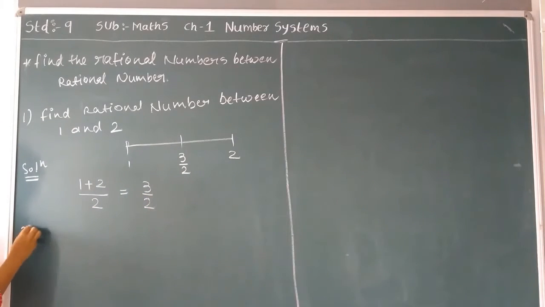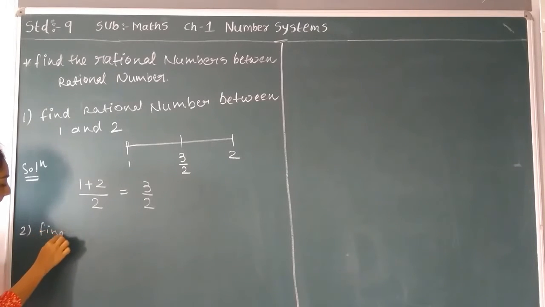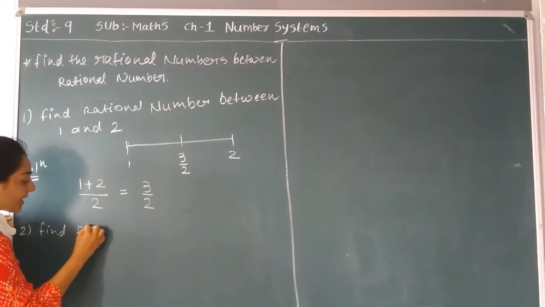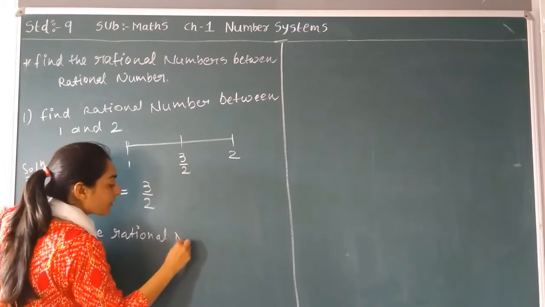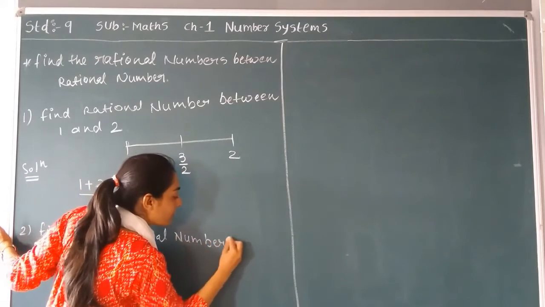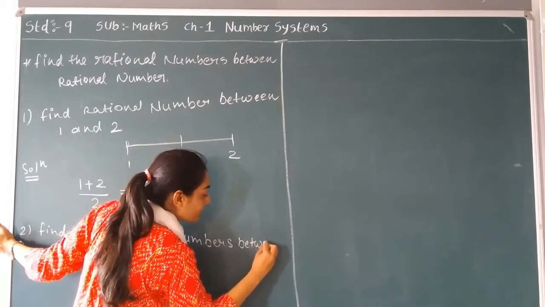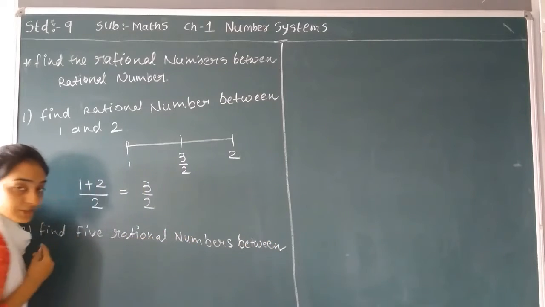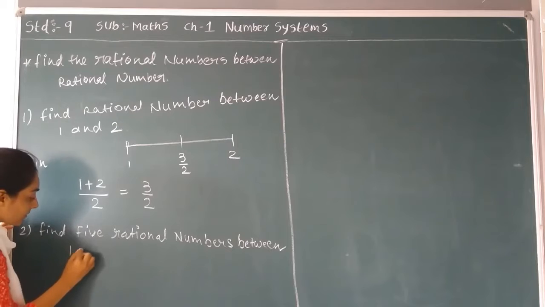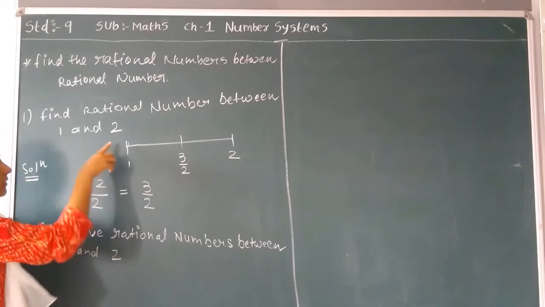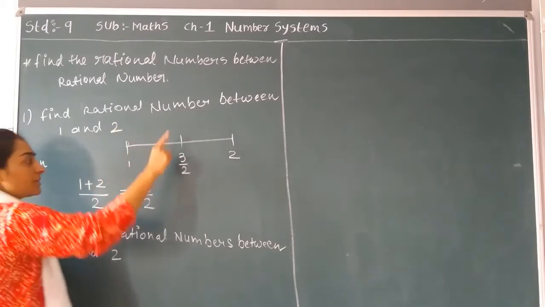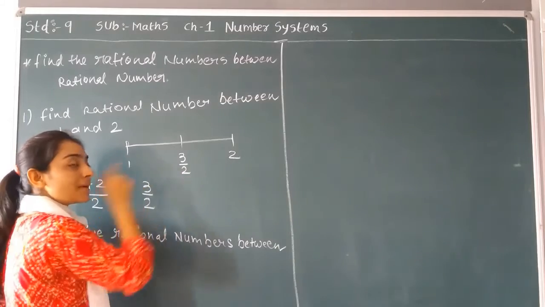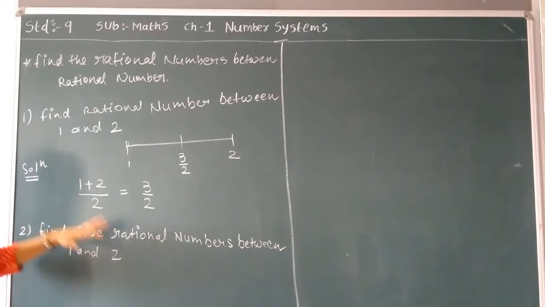If it says find 5 rational numbers between 1 and 2, it means you can't just find the middle number. Here it says you have to find 5 rational numbers.